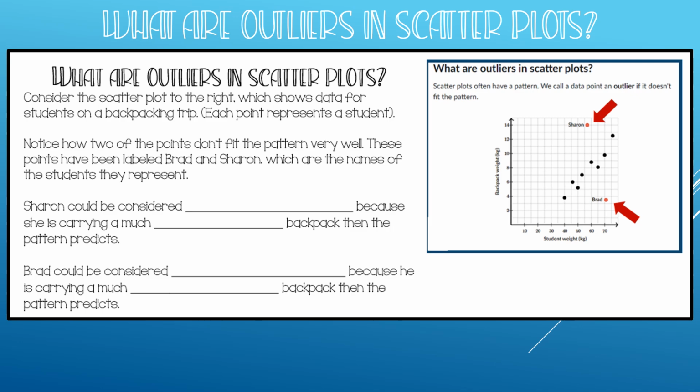Now Sharon, the one up at the top, could be considered an outlier because she's carrying a much heavier backpack than the pattern predicts. Brad could be considered an outlier because he is carrying a much lighter backpack than the pattern predicts.